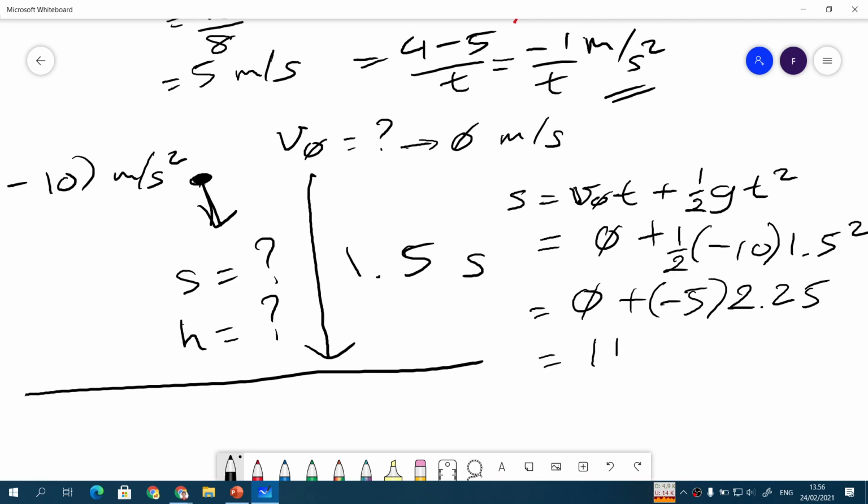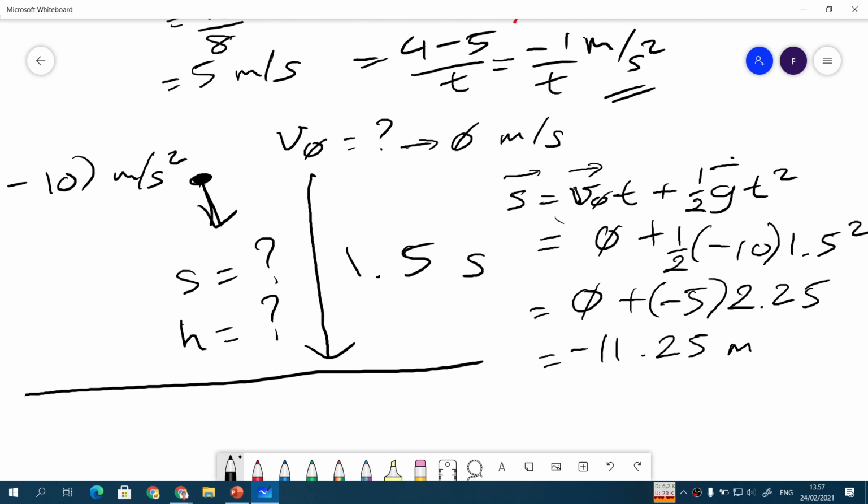Yeah, 11.25 here, and if we follow the sign, it will result in negative 11.25 meters. But this is actually the displacement.